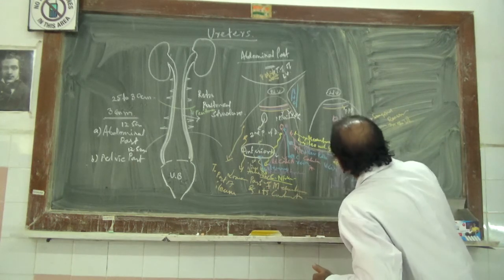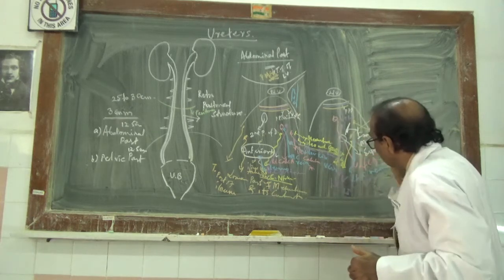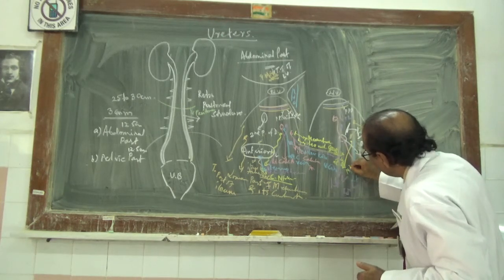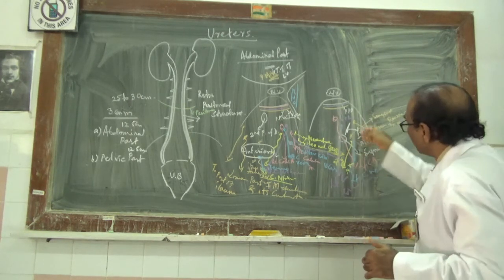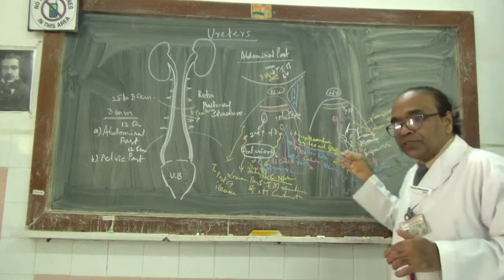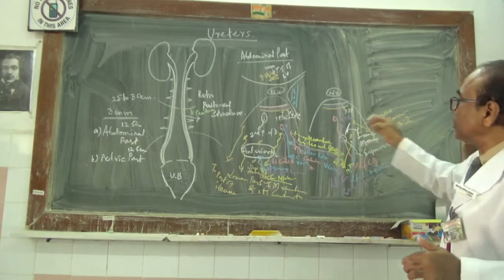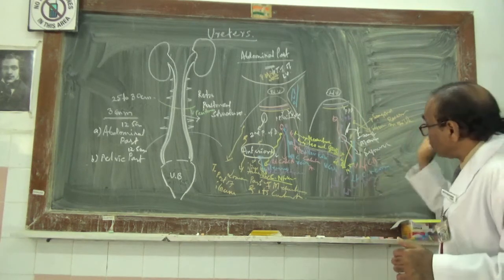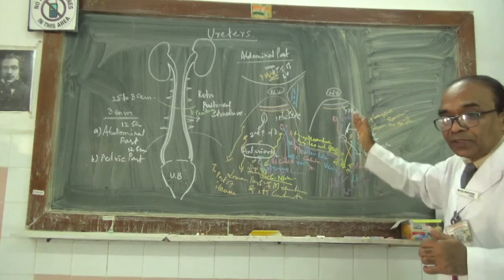Then you will have nerve filaments in the mesentery, which will be on the left part of the mesentery. So this will be in front in total.